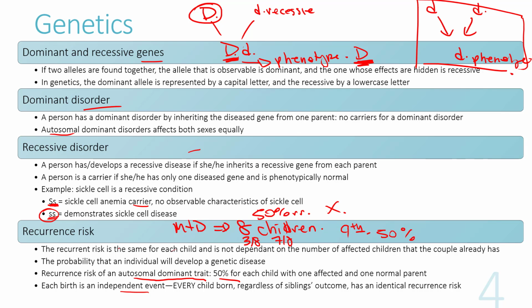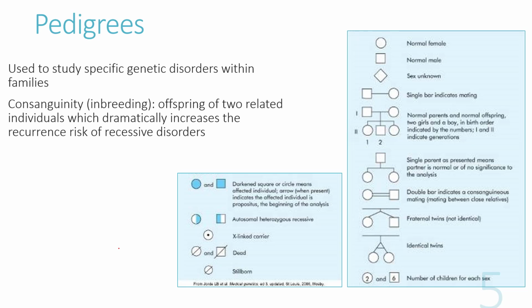All right, let's go through this. What we're going to do, and again, this is just background information, are pedigrees. These are common family tree diagrams that are used. And so you see over here, if there's a circle, it indicates a normal female, a square, a normal male, a diamond, the sex is unknown.